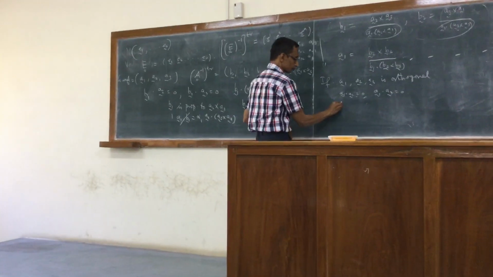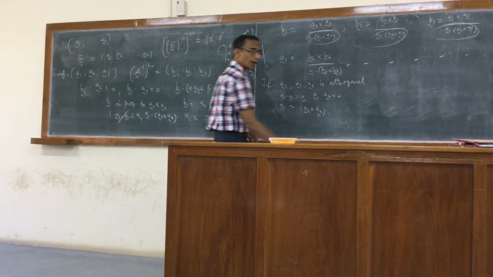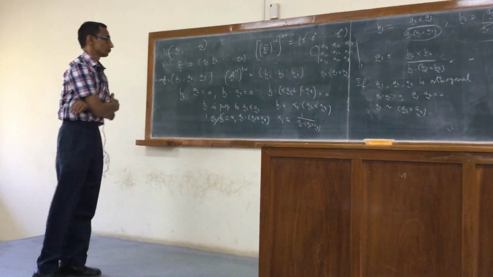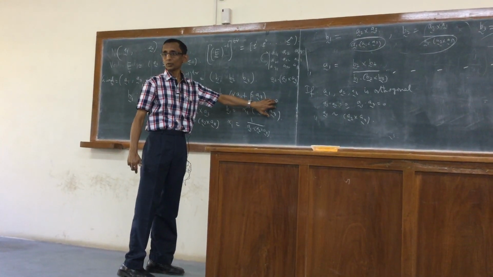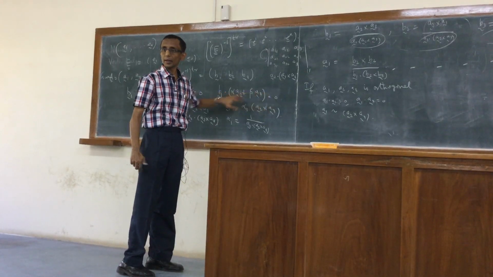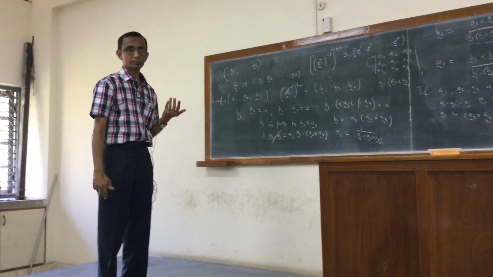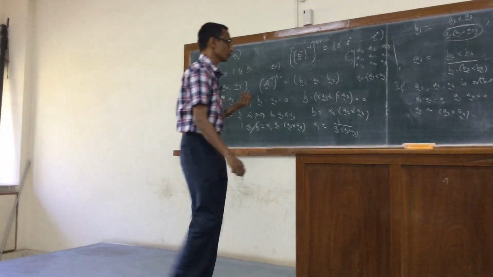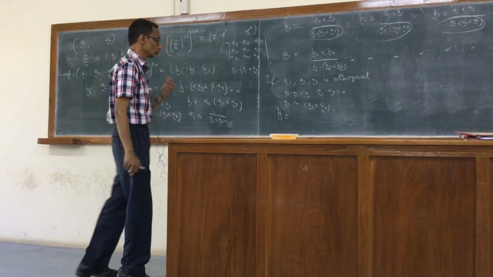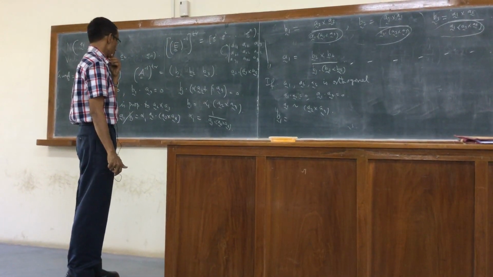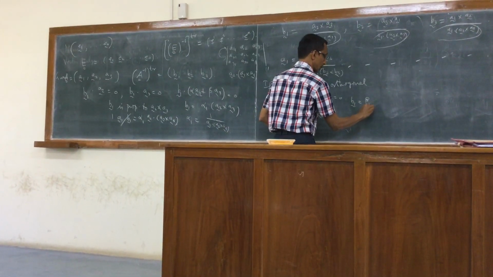So A1 is also proportional to A2 cross A3. We have just seen that B1 is also proportional to A2 cross A3. So A1 and B1 themselves are proportional to each other. And it's possible to show in this case that B1 is equal to some beta 1 times A1.